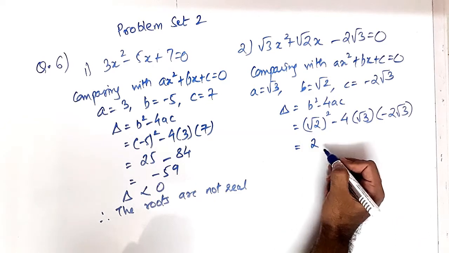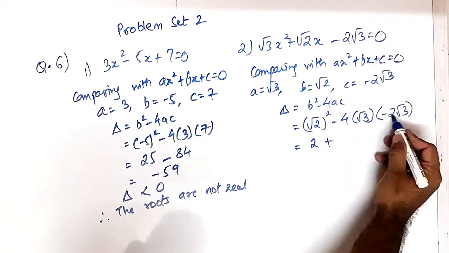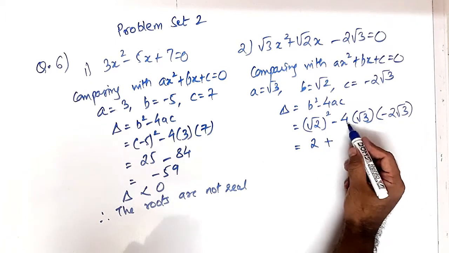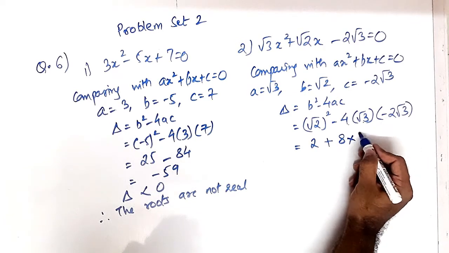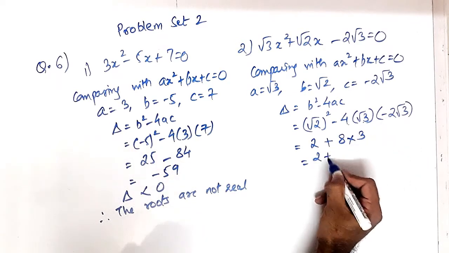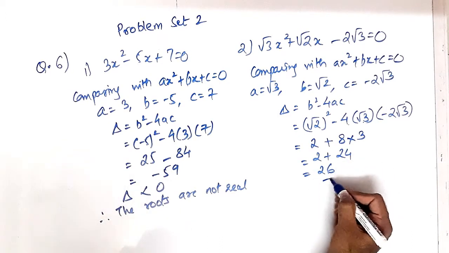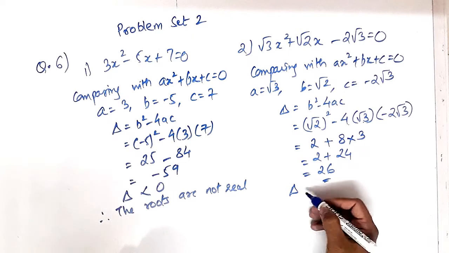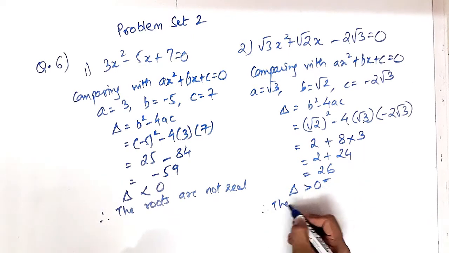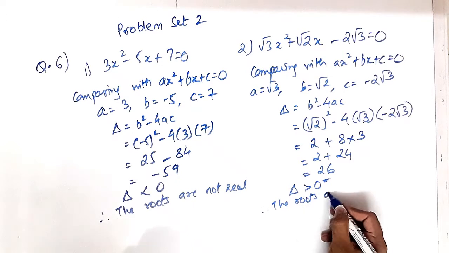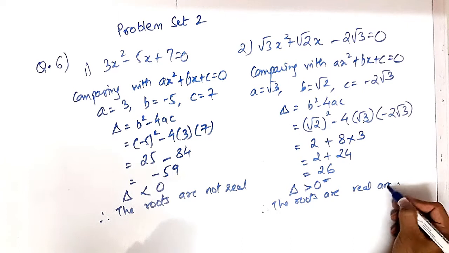This is 2. Minus will become plus 4. 4 2s are 8, root 3 into root 3 is 3. So it is 2 plus 8 3s is 24. So this becomes 26. Here the discriminant is greater than 0. Therefore the roots are real and unequal.